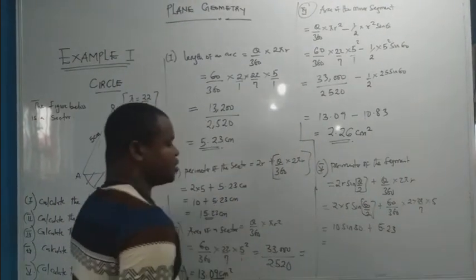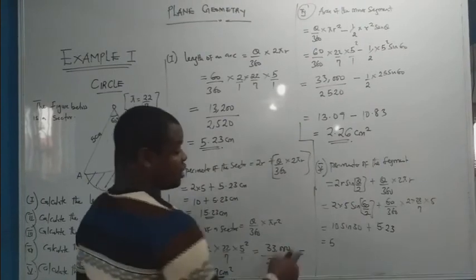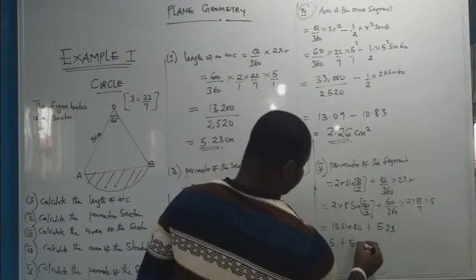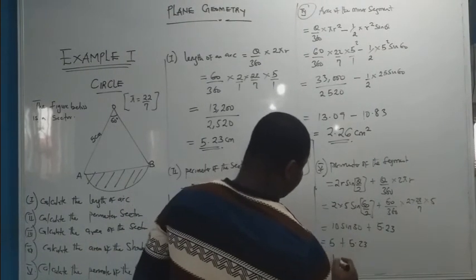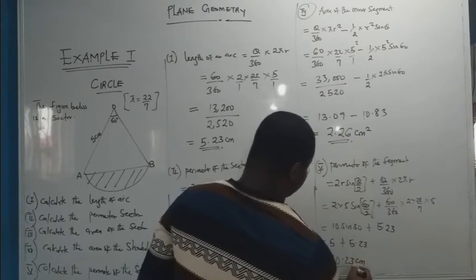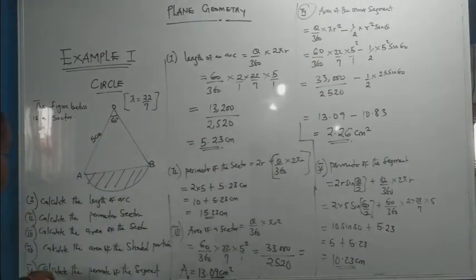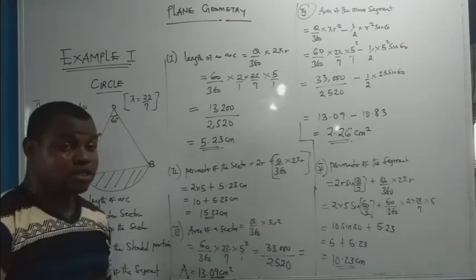So 10 sine 30 is actually 5 because sine 30 is 0.5, times 10 is 5, plus 5.23. So what do we have? We have 10.23 centimeter. So this is the answer to the question, the perimeter of the minor segment.